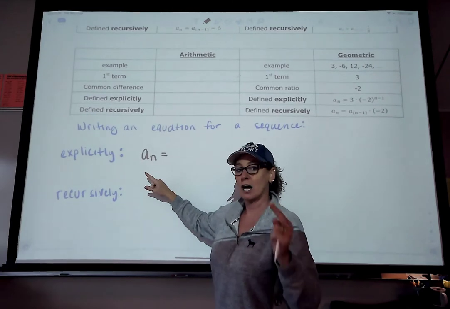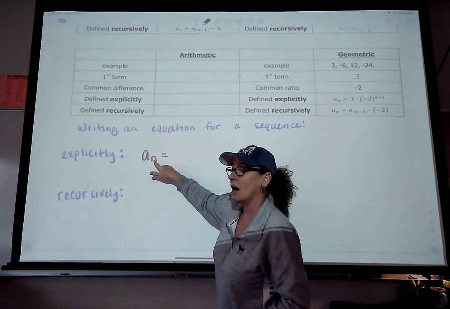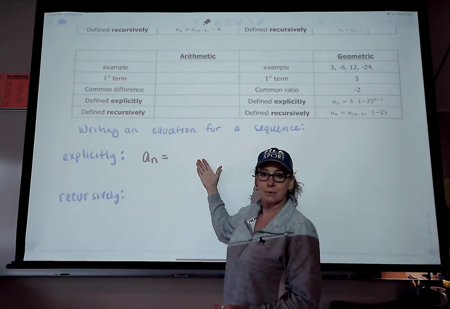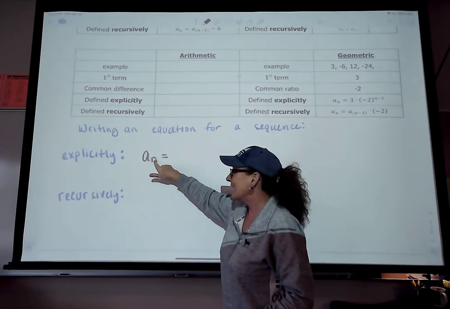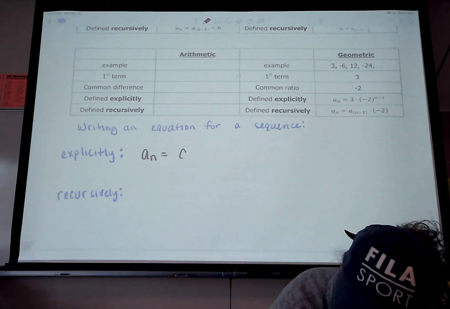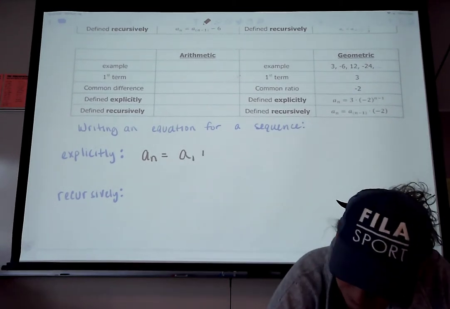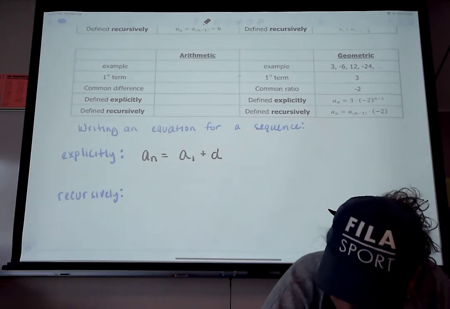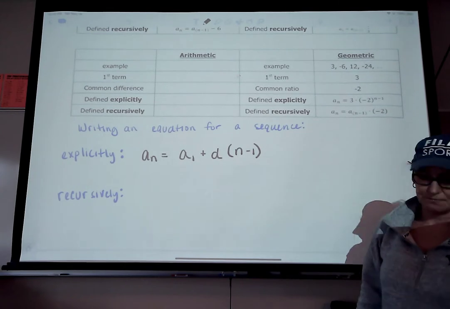If you want the 100th term, you're going to write A sub 100 equals, and then we're going to get our 100th term. So this is just notation, just telling you what this stands for. To get any term, you need to start with your first term plus D for your common difference times the quantity n minus 1.